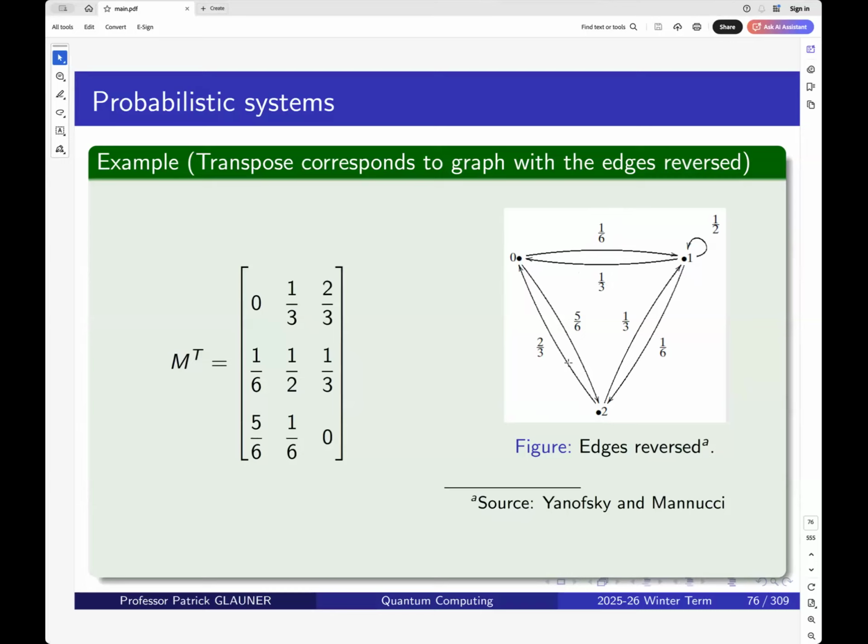What happens is, if I transpose M, I would also have the dynamics to go back in time. So I could have M transposed and multiply a state from the right as a column. And what I get is actually going one click in time back, not forward.